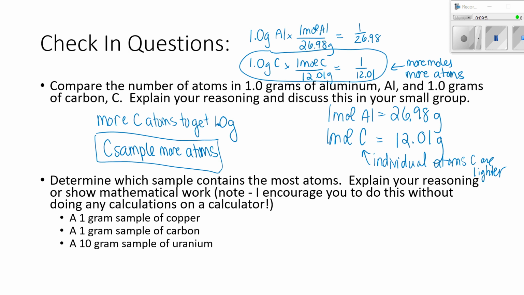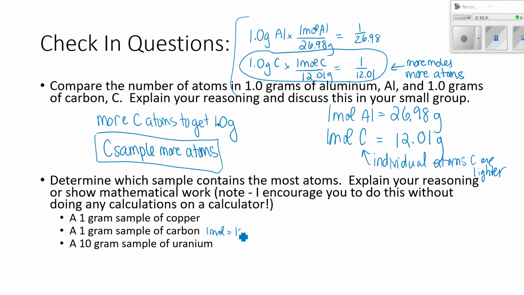Okay, so our last question here, just kind of think about this conceptually. Determine which sample contains the most atoms. Explain your reasoning or show some mathematical work. But again, I encourage you to do this without doing any calculations on a calculator. So we can kind of follow this model up here. So we have 1 gram of copper, 1 gram of carbon, 10 grams of uranium. And let's look at these molar masses here. So carbon, we've looked at a couple times.